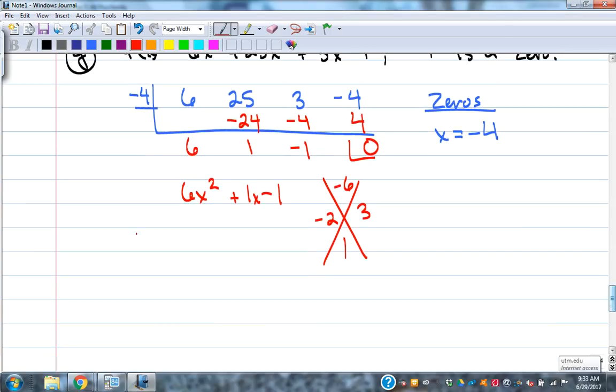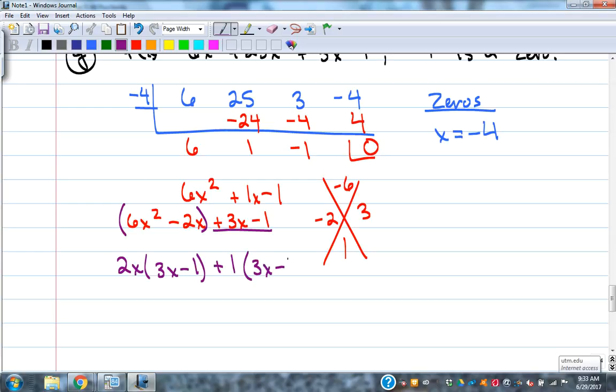So that allows me to go, okay, well, that's 6x squared minus 2x plus 3x minus 1. And group that. 2x, and that'd be 3x minus 1. Nothing in common between those two, so that's automatically a 1. So the factors are 2x plus 1 and 3x minus 1.